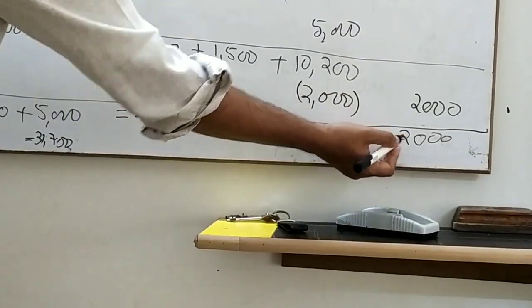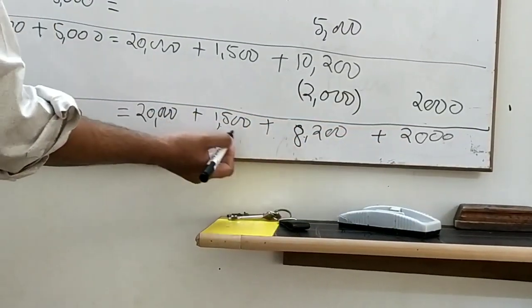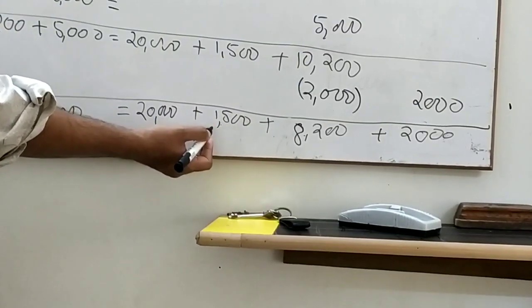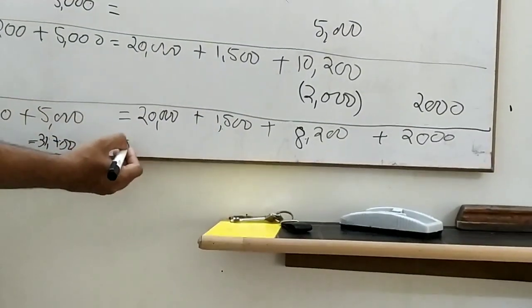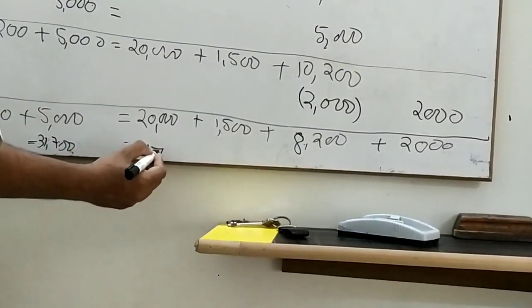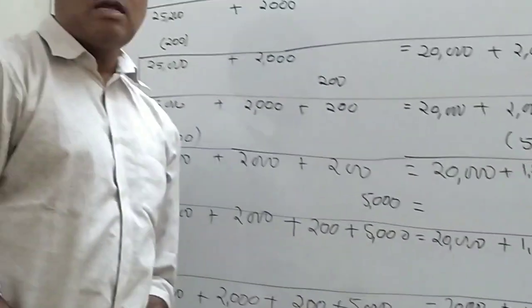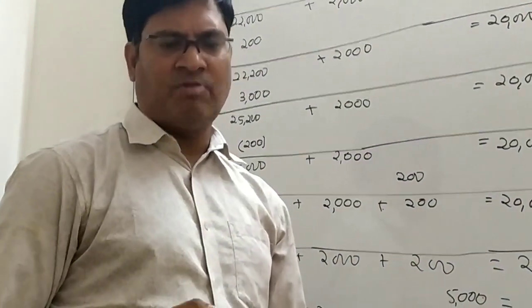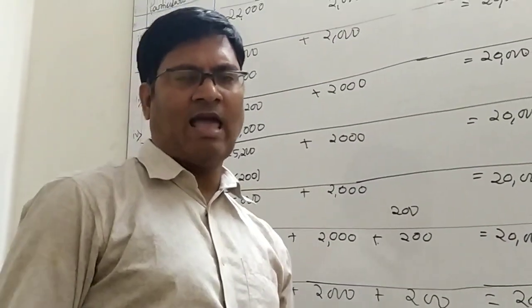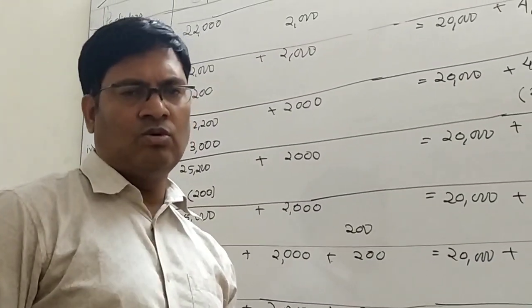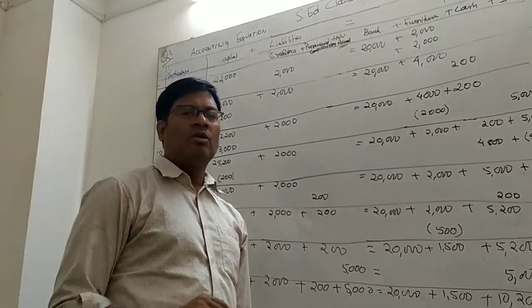Debtors is no more there. So 2 plus 8, 10,200, 10,700, 11,700 plus 20,000 is 31,700. So it is same. So we see that in accounting equation our debit aspect is always equal to credit aspect, and because of that capital plus liability is equal to asset.